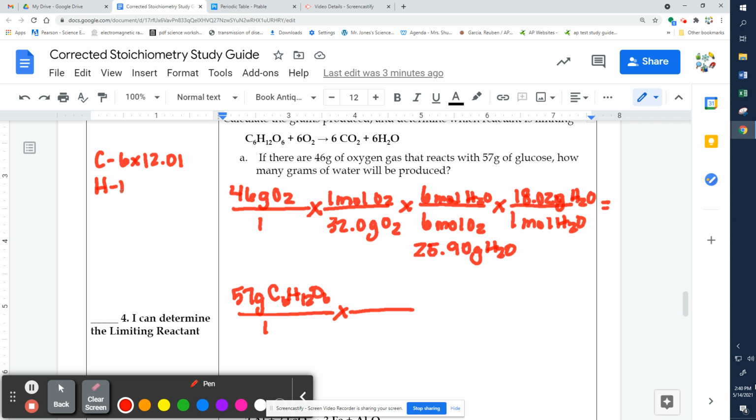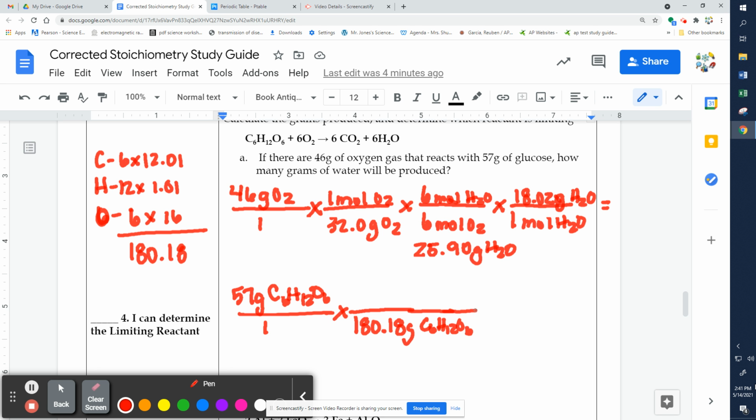We have 12 H's times 1.01 and 6 oxygens times 16. I'm going to add all of those together. When I added all of those together, I got 180.18. So that goes down here. We are going to 1 mole of our glucose.